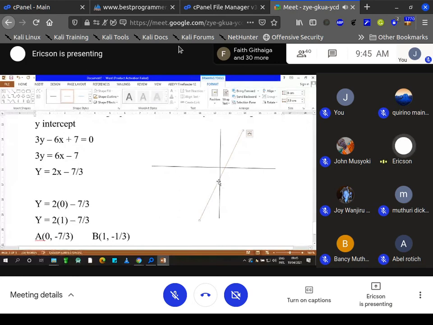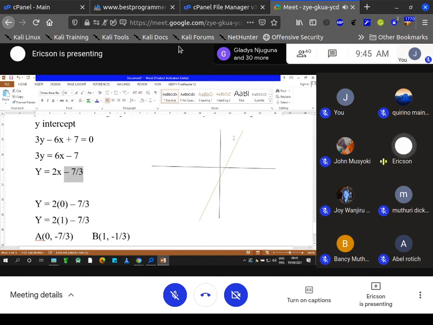Your line will pass through that point. So the y-intercept is where your line cuts through the y-axis. That represents the intercept, this C, the y-intercept.